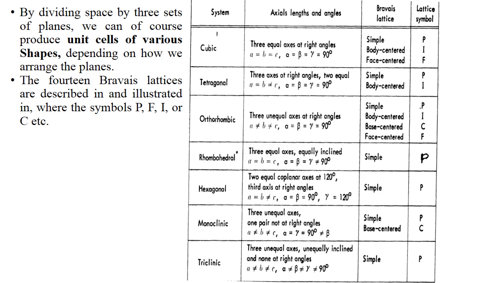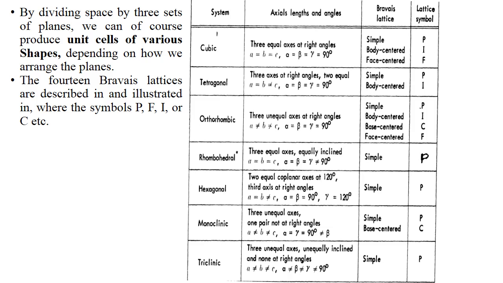The crystal systems are actually described on the basis of the axes and the angles. We have discussed there are 3 axes A, B, and C, and the 3 angles alpha, beta, and gamma. On the basis of these axes and angles, we can divide the crystal systems into 7.